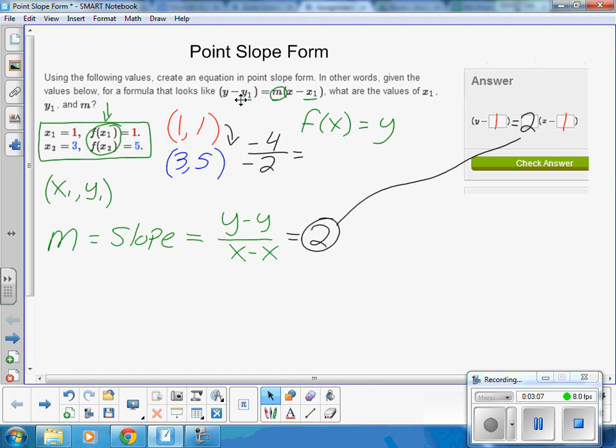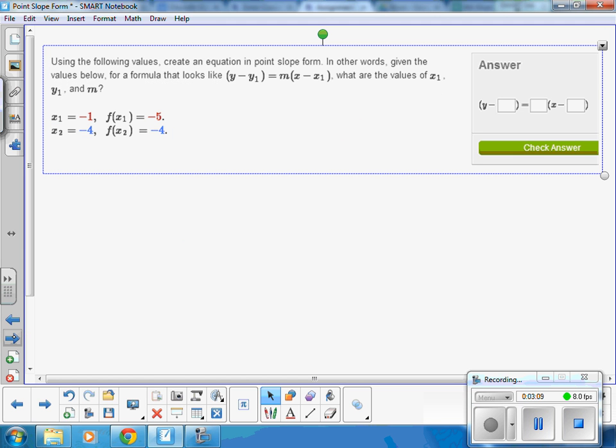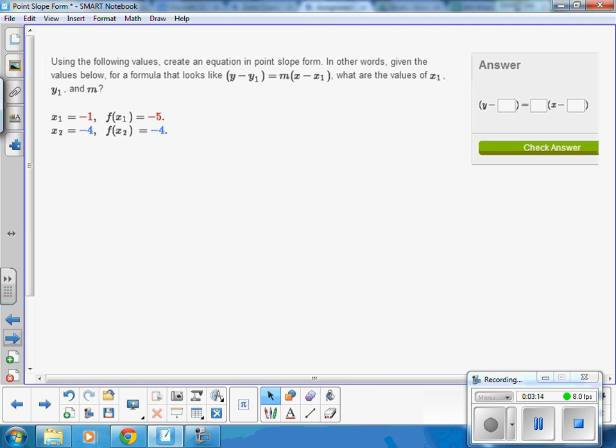Let's take a look at the next problem. It has the same layout. My ordered pair here is a negative 1, negative 5, and my ordered pair here is a negative 4, negative 4. I need to figure out what my slope is.